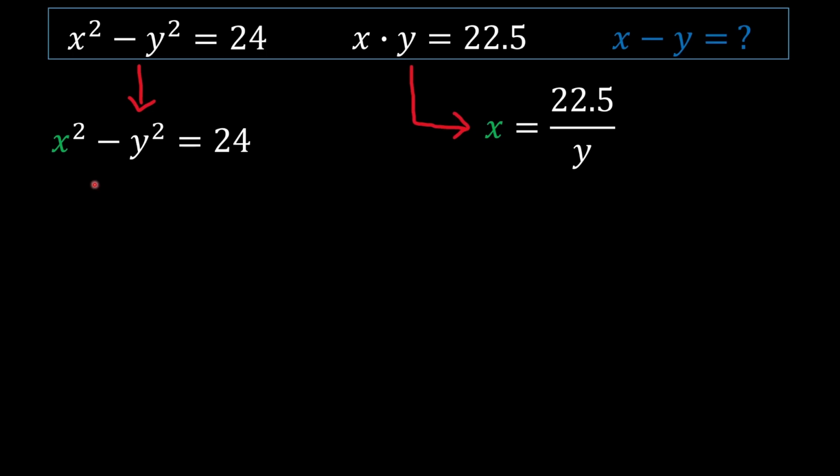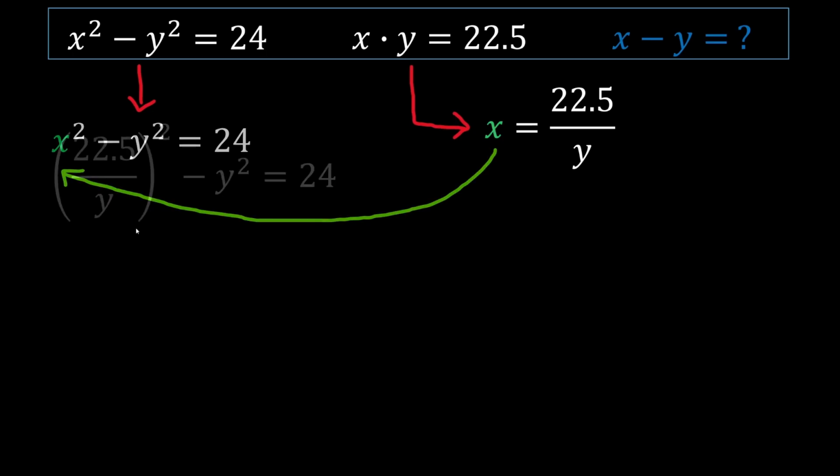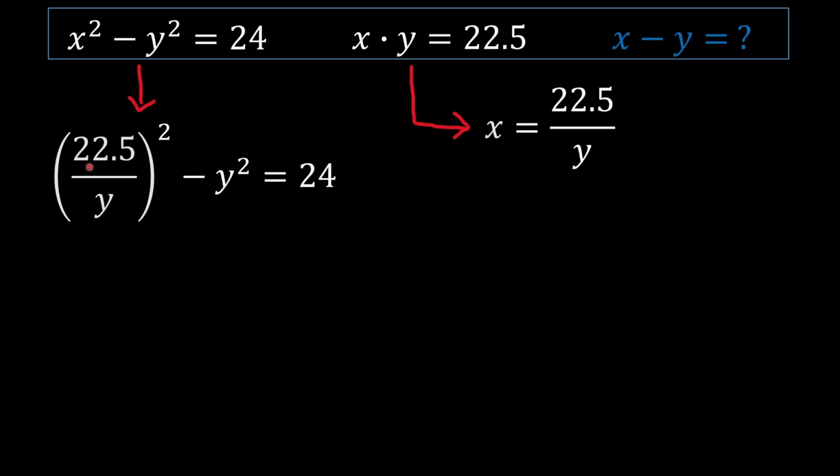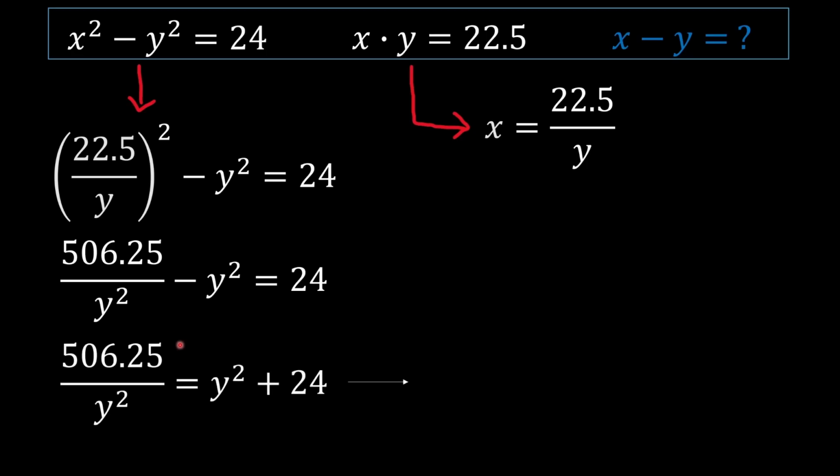Once we do the necessary substitution, as you can see with the arrow, we will obtain 22.5 divided by y, in brackets, squared minus y squared is equal to 24. We're then going to have to solve for the y variable, basically isolating for it, and once we do that we'll obtain this, and this could be rewritten as the following.